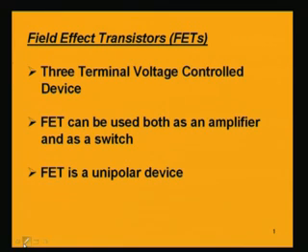And one important difference from BJT is that the FET is a unipolar device, that is, the charge carrier is of one type, either holes or electrons, but in BJT we have seen there are two types of charge carriers. It is a bipolar device.